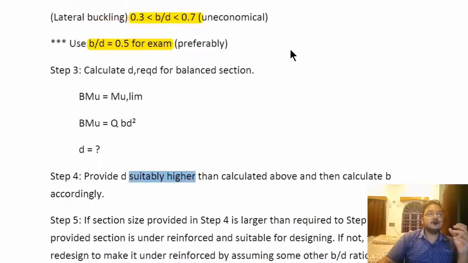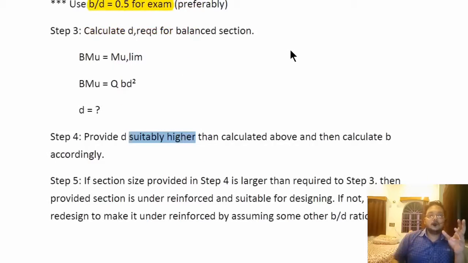Suppose we get a depth of somewhat like 237.8 mm, we will try to provide a depth equal to 250 mm, suitably higher, and then we will go for the calculation of B.